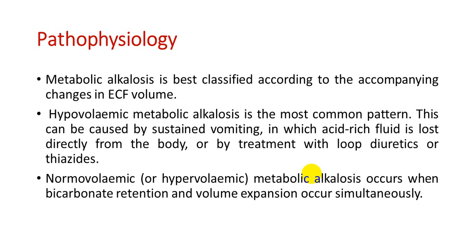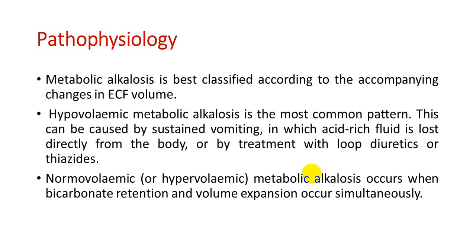Hypovolemic metabolic alkalosis is the most common pattern. This can be caused by sustained vomiting, in which the acid-rich fluid is lost directly from the body, or by treatment with loop diuretics or thiazides, that is overdiuresis.